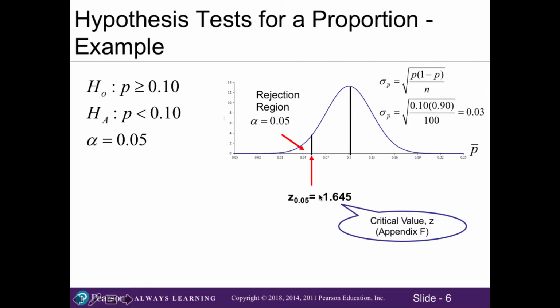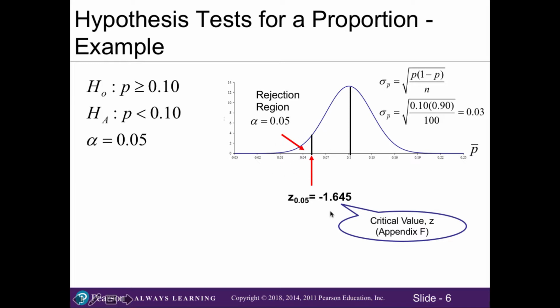And again, we add the negative because this is a negative Z value because we're on the left side of the curve. So now that I've got my critical value, this is my decision point. We'll know if my sample proportion falls out in this rejection region where alpha is 0.05, which translates to a critical Z value of negative 1.645, or if it's less than our critical Z value of negative 1.645, because less than is over here, then we would reject the null.